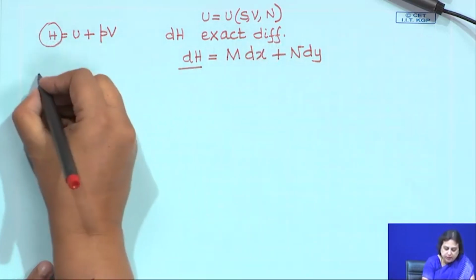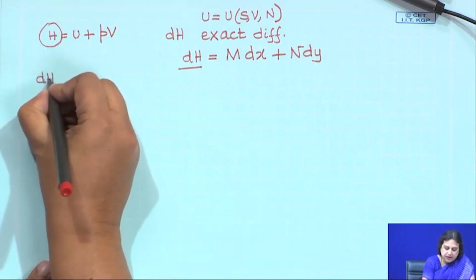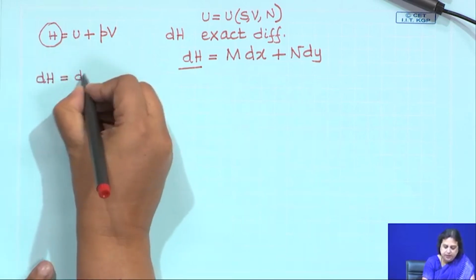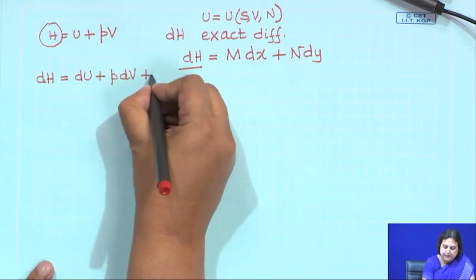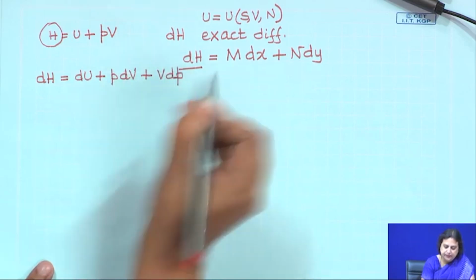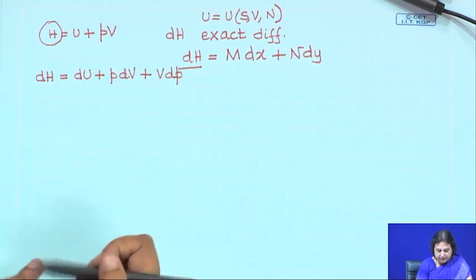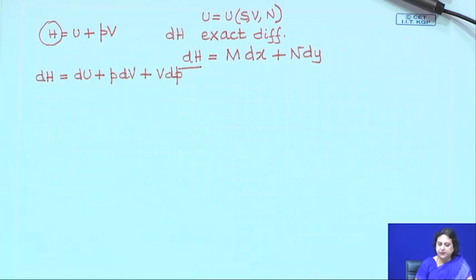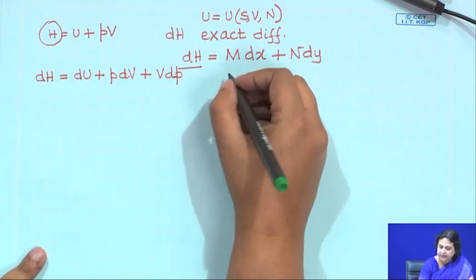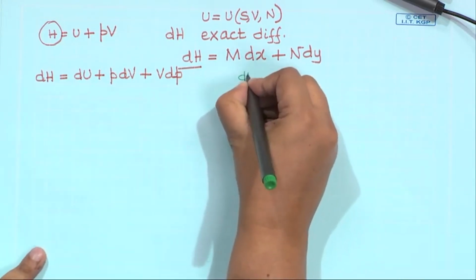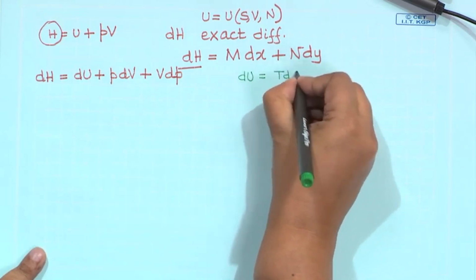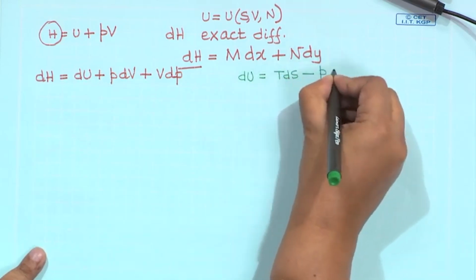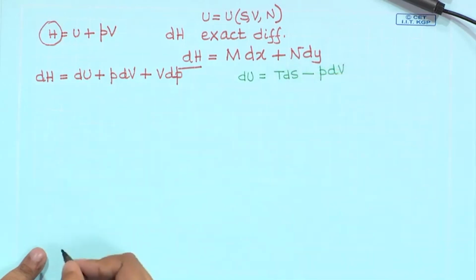So, now let us have a look at what is dH. dH is equal to dU plus P dV plus V dP, clear? But for any general system, if I combine the first and the second law of thermodynamics, I know that dU is equal to T dS minus P dV, right.